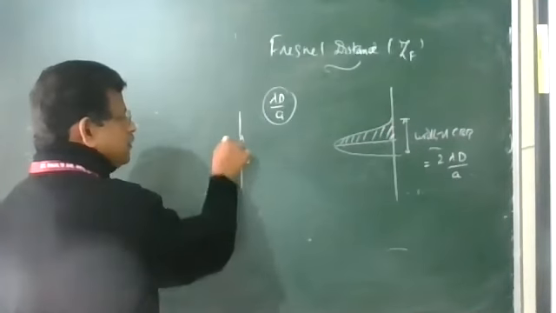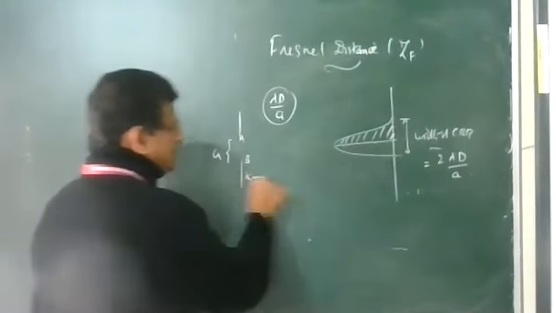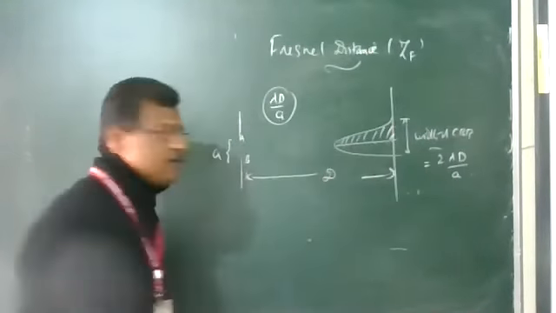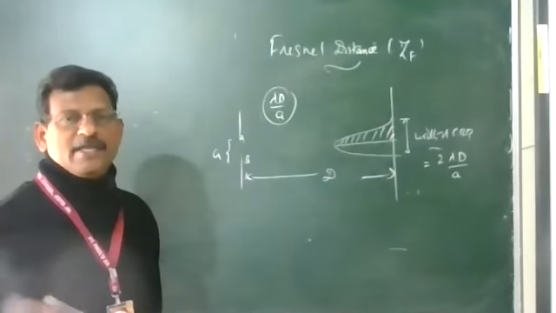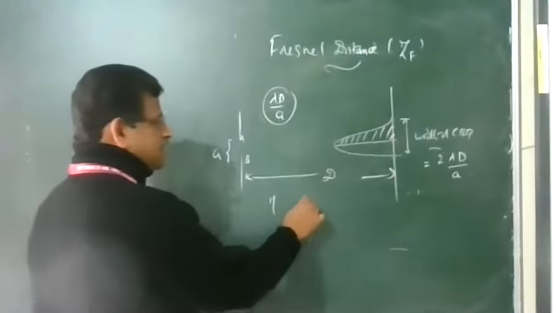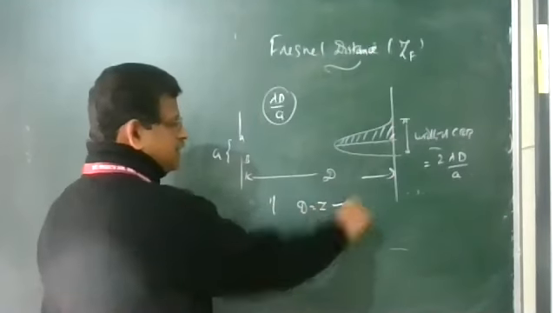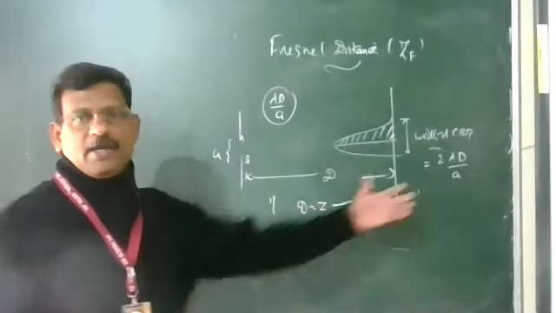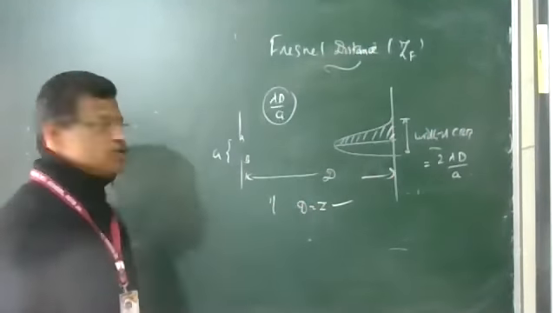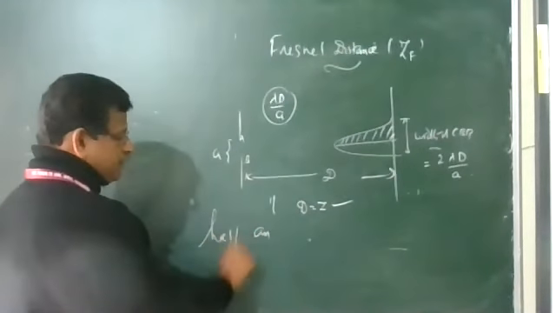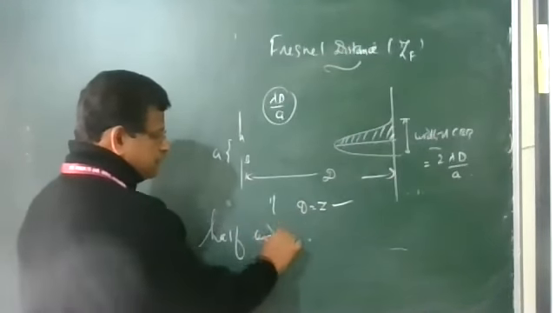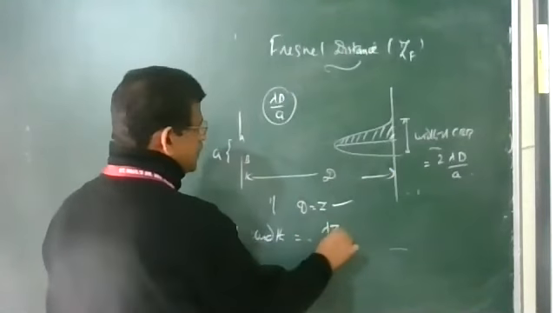This is your slit of width a, and D is the distance of the screen. Instead of D, you can replace it with any other distance z the wave is traveling to the screen. So the half width of the central maximum is lambda z divided by a.